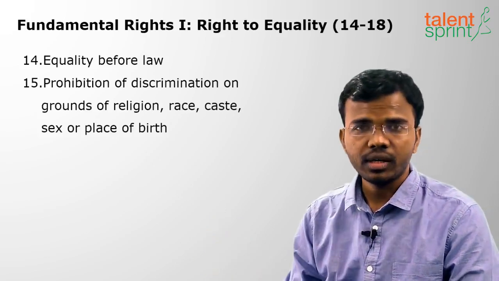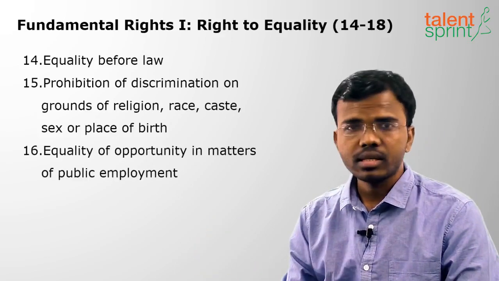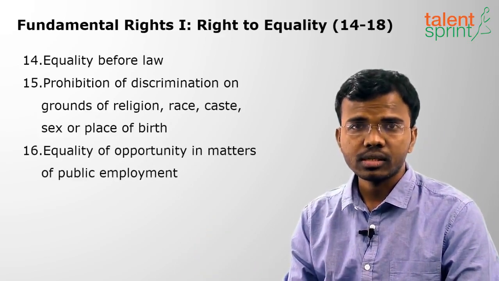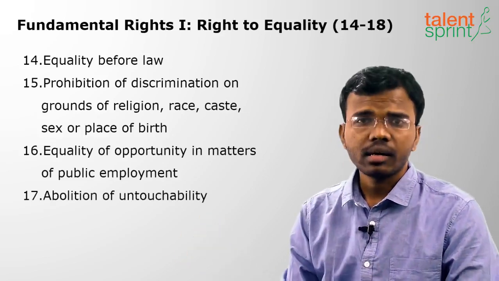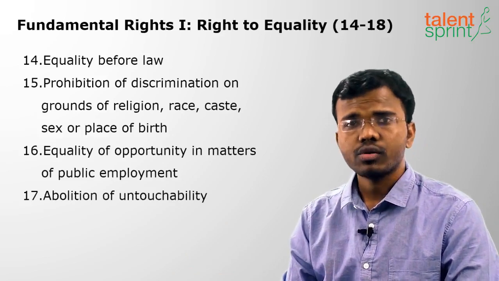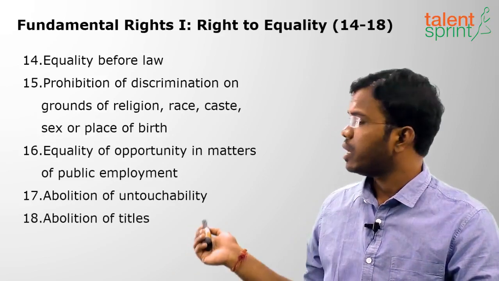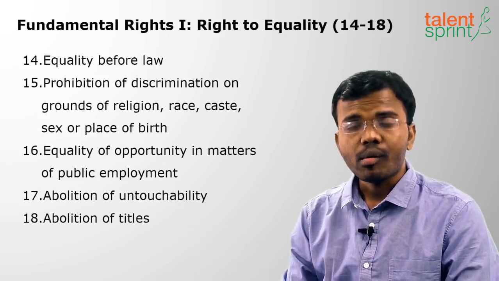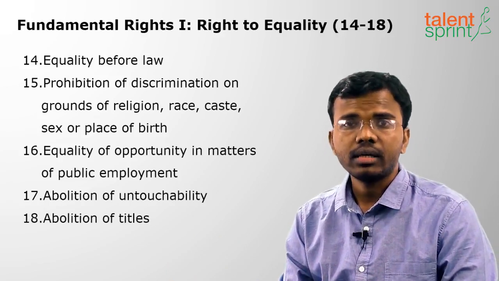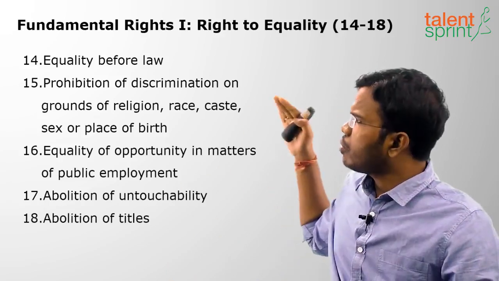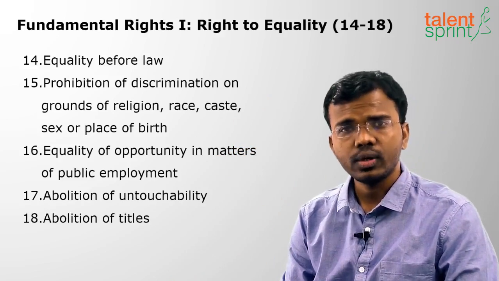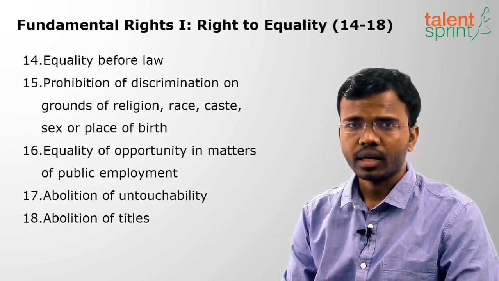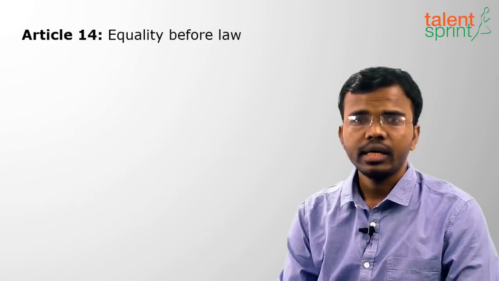Article 16 is equality of opportunities in public employment. Article 17 is abolition of untouchability. Article 18 is abolition of titles except military and academic. We shall deal with all these in detail.